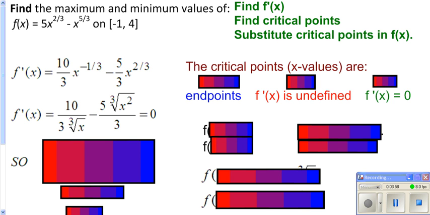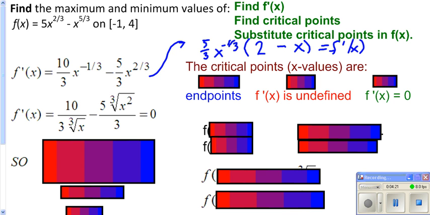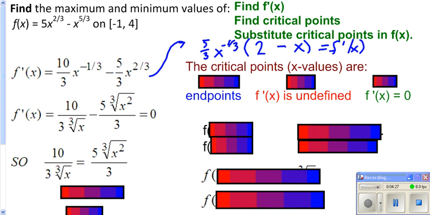If you did choose to pull out your greatest common factor, you could pull out a 5/3, an x to the -1/3, and then you would be left with a 2 minus an x for your derivative, if you pulled out your greatest common factor. Whether you pull out your greatest common factor or set it equal to 0 and solve it, it doesn't really make a difference.